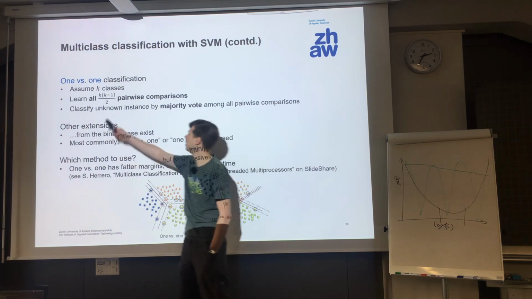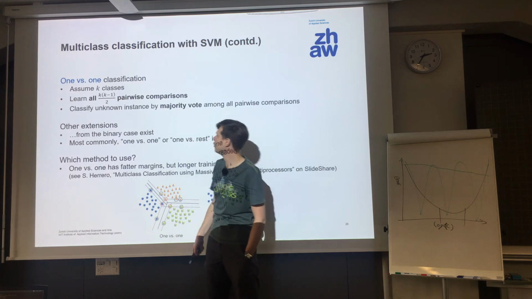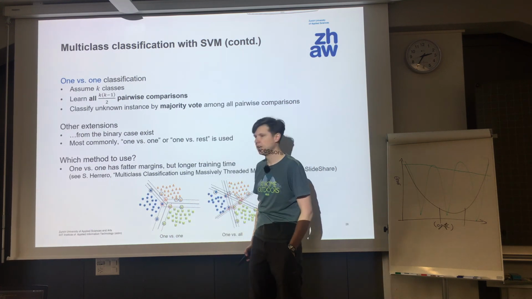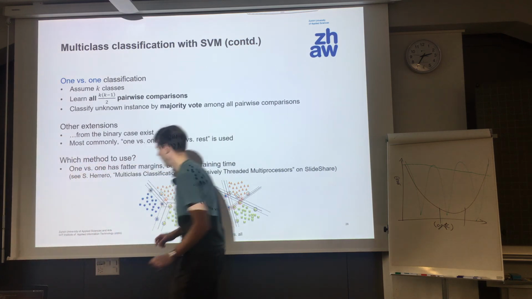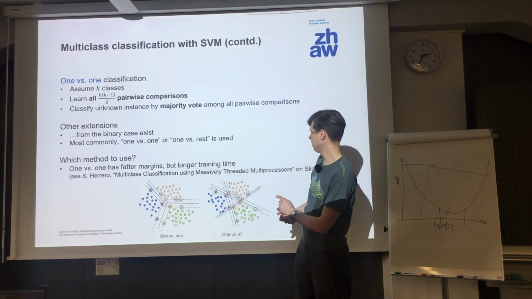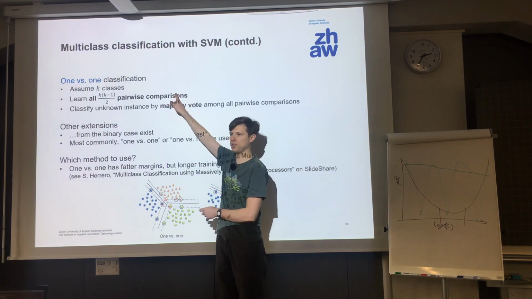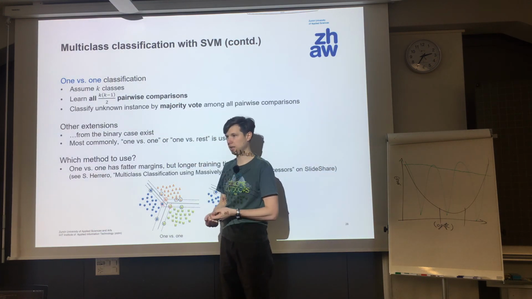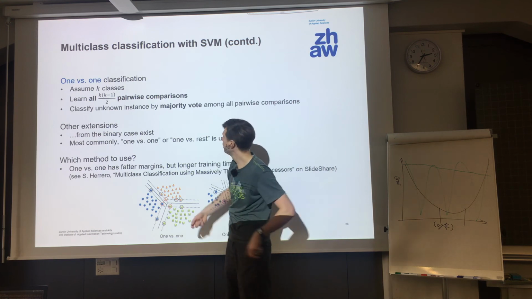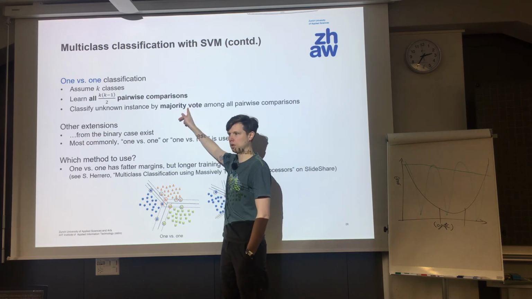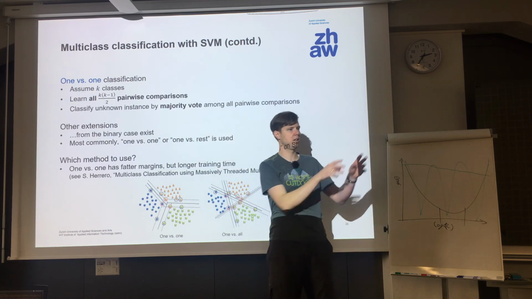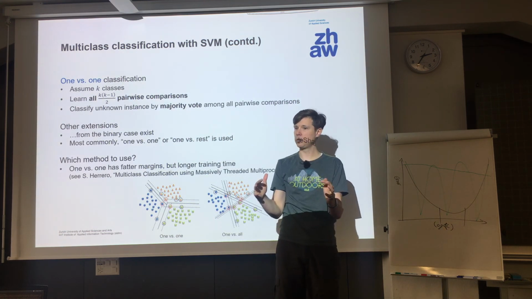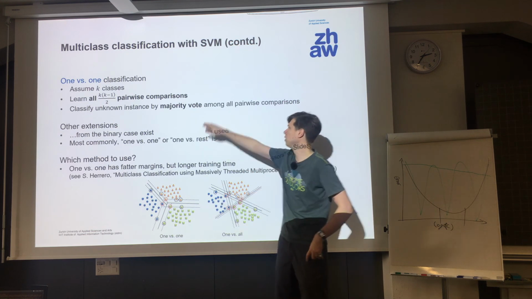In fact, you have to build k times k minus 1 over 2 classifiers, building pairwise comparisons of every class with every other class. What you then do is a majority vote amongst all classifiers. Like in the one versus rest scheme you take the maximum positive distance and say, this is it; here you take a majority vote.